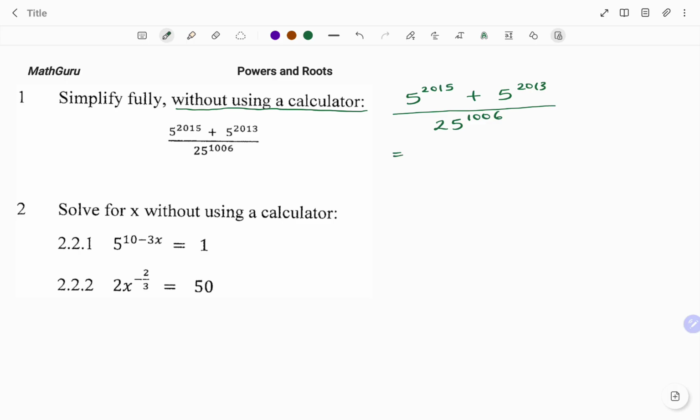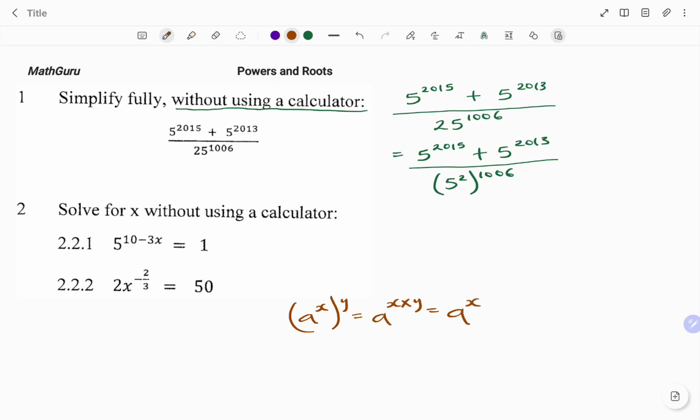So I have 5 to the power of 2015 plus 5 to the power of 2013, divided by, to change 25, that's 5 squared, to the power of 1006. The rule of exponents, power to power, states that if I have a base raised to a power and then that raised to another power, it becomes a to the power of x times y, which is a to the power of xy.